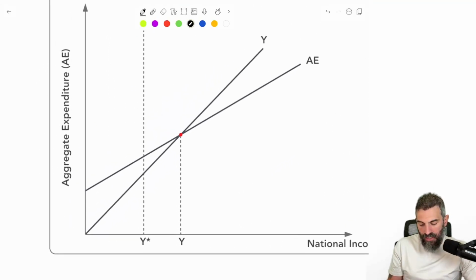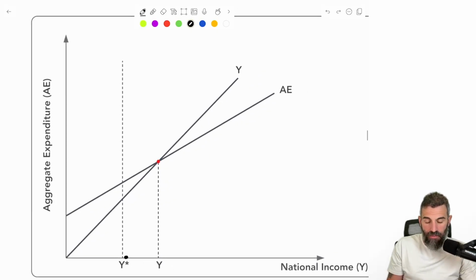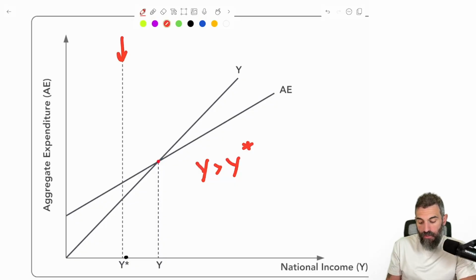So I'm going to zoom in on the left here. Y star, anytime you see that, that is your potential output or your potential GDP. And Y, by itself, is actual. So look at this case here. The actual GDP is greater than the potential. This is an example of us working beyond our capacity. We should be here, but we're here.